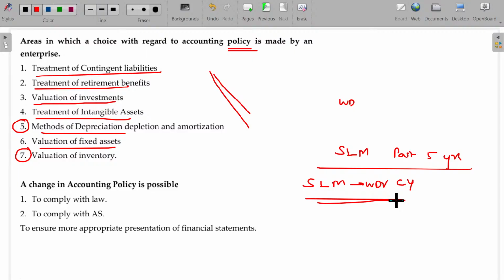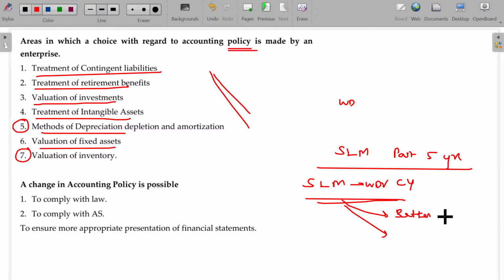Already we studied that in the depreciation chapter. I guided you with some illustrations also in the depreciation chapter. For a few years it was under the WDV method, suddenly they want to change to the SLM method, and vice versa. Shifting of the method is also possible. Shifting of the method is possible due to two reasons. One is because the shift gives a better presentation of the books of accounts.